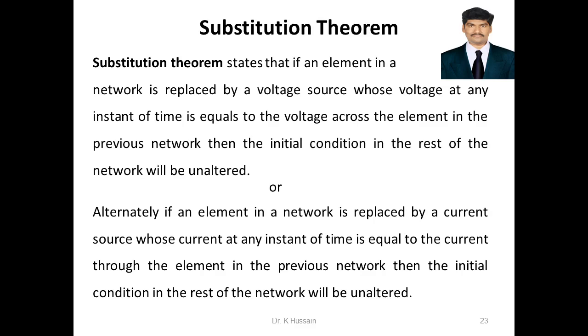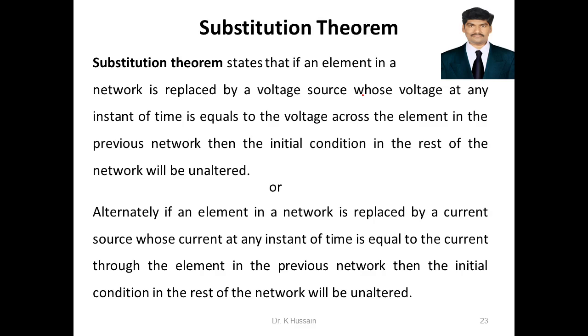So that means we have two statements here. Either that element can be replaced by a voltage source, or the same element can be replaced by a current source. If you are replacing it by a voltage source, then the voltage at a particular instant of time is equal to the actual network voltage, that is, the voltage across the element in the previous network.